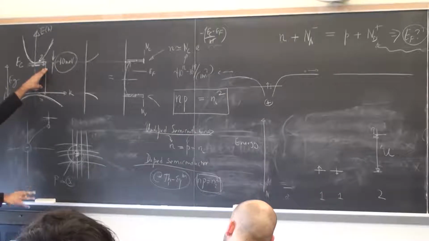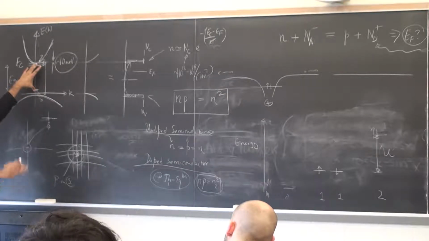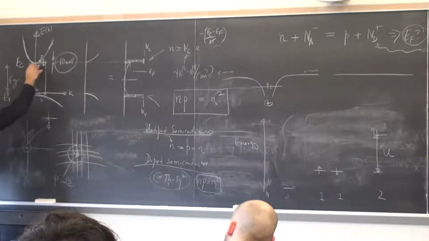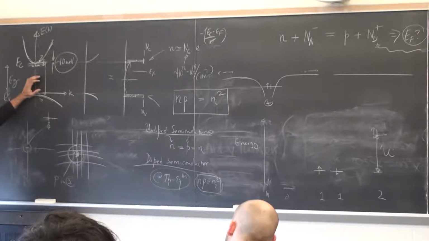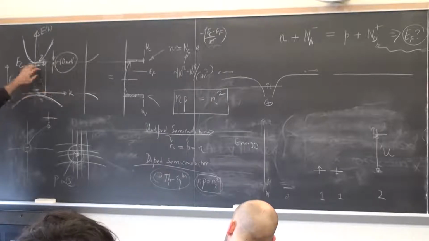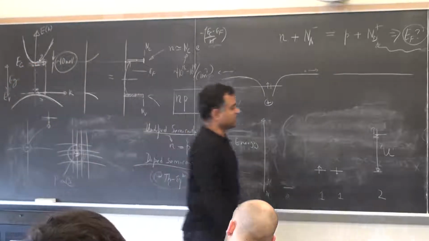Not necessarily. Any material that has a gap that you can dope, if you can put electrons in the conduction band or holes in the valence band, if you can dope an insulator, then it's a semiconductor, and that's pretty much it. If you can dope it and populate the bands and get conductivity in the material controllably, then it becomes a semiconductor.